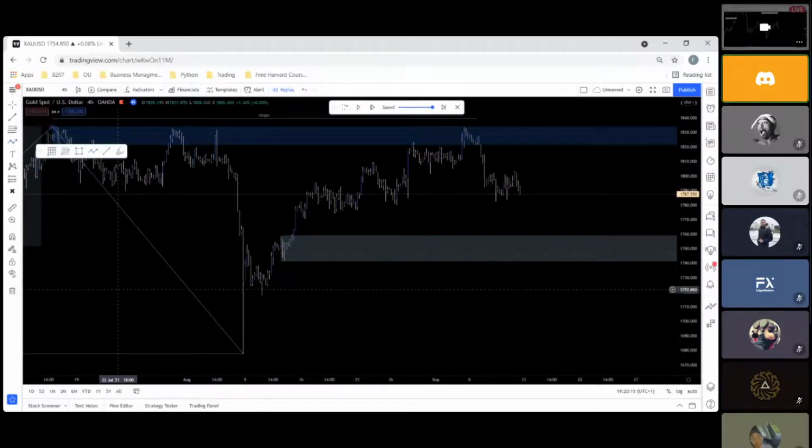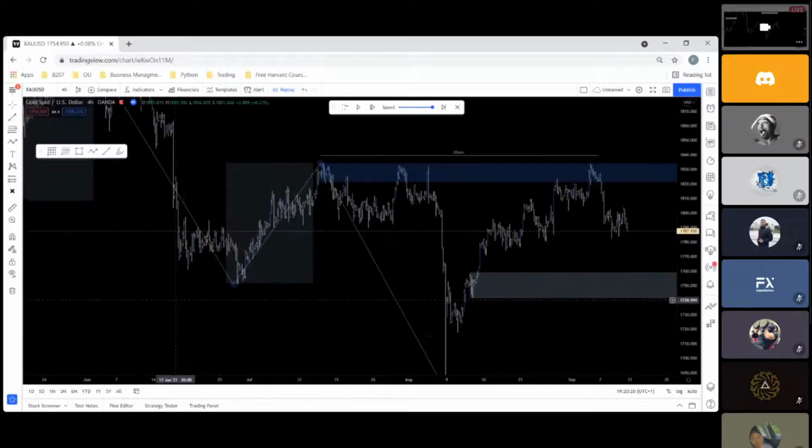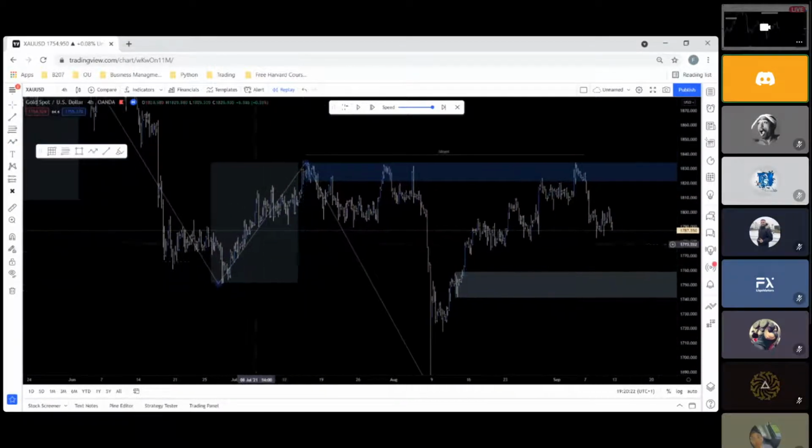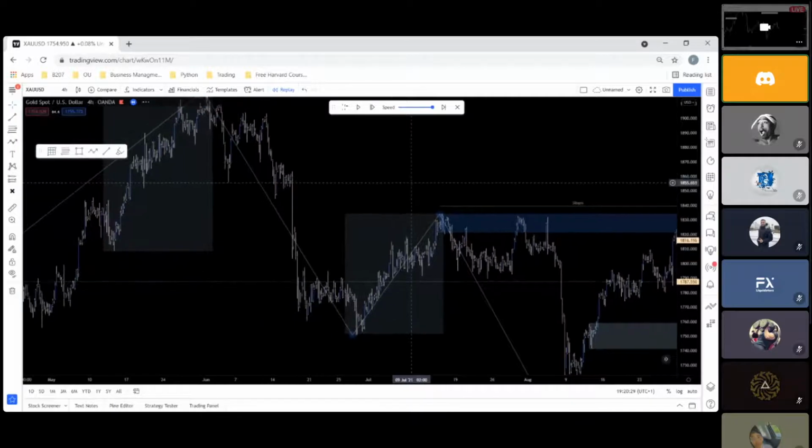So as we can see, we spent a lot of time building this order block here. And something I like to see as well when forming a bias is what the candles are doing.